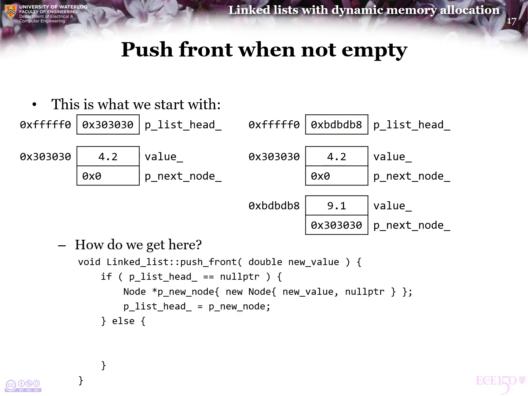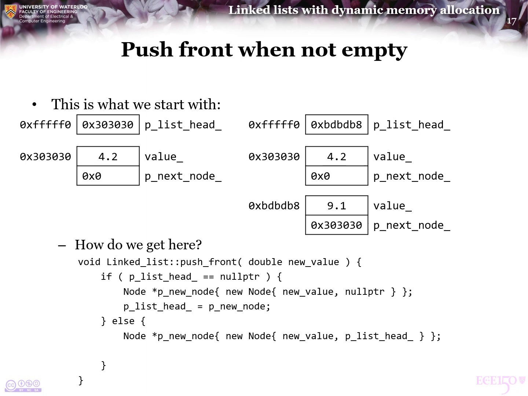So how do we get to this point? Well, if pointer to list head is not equal to null pointer, there's at least one node in this linked list class. So we will create a temporary variable which is initialized with the address of a new node.